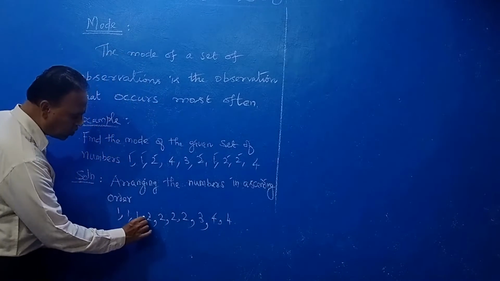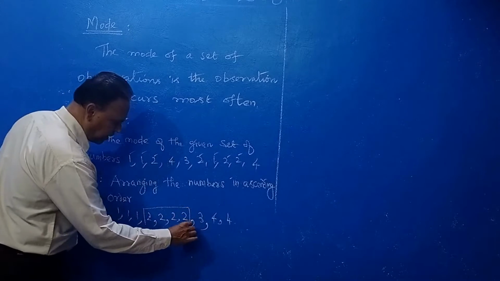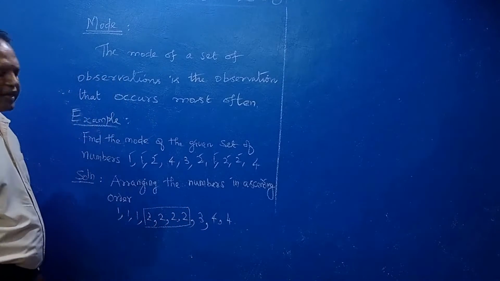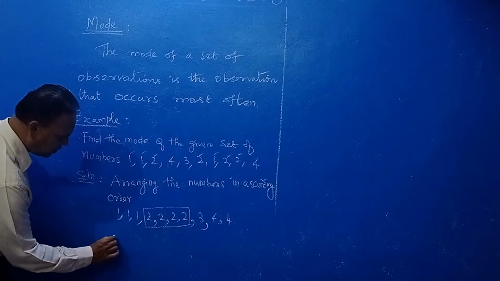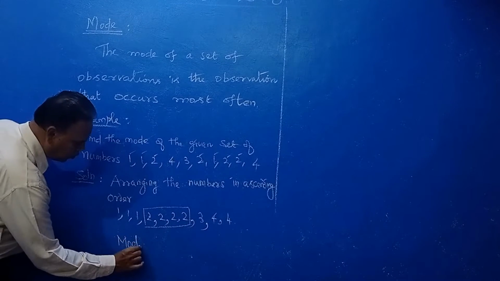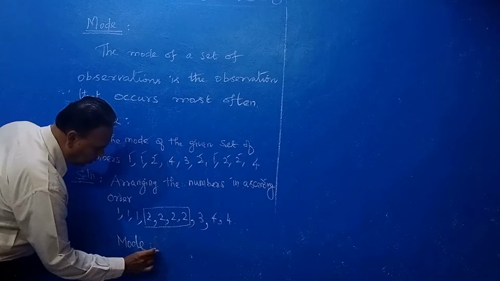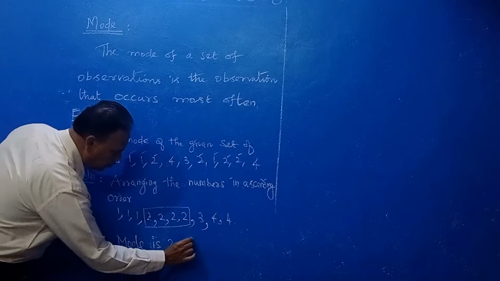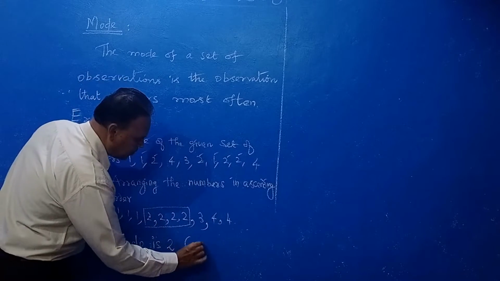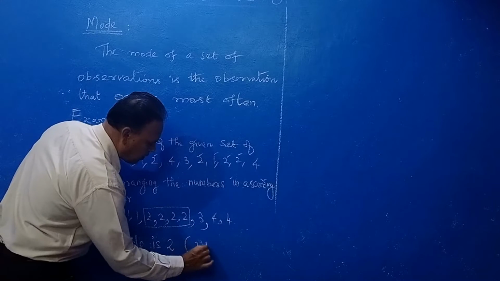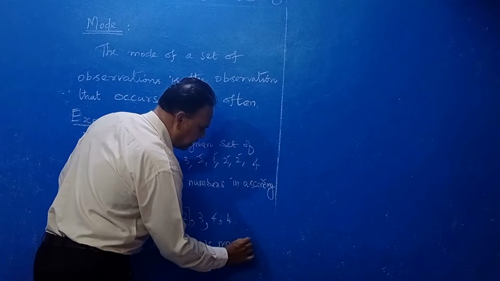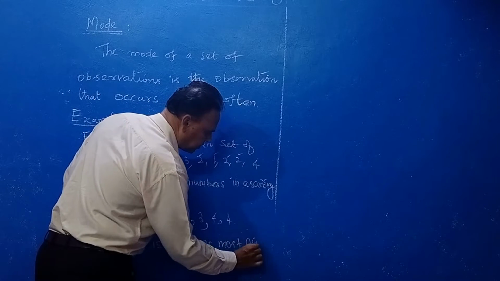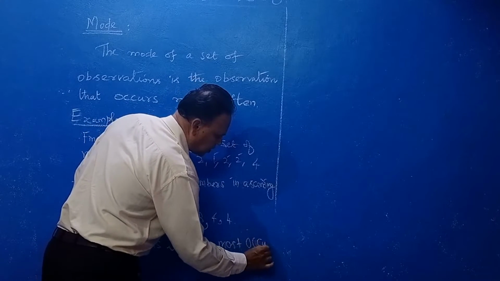So the most frequently occurring data is 2. Therefore mode is 2. Mode is 2. That is 2 is the most occurring data.